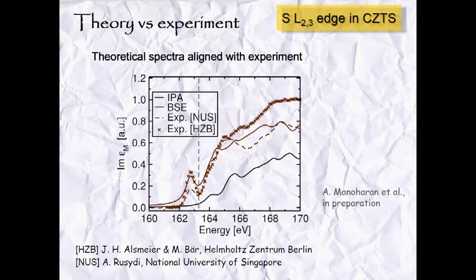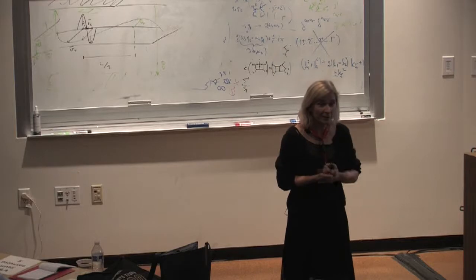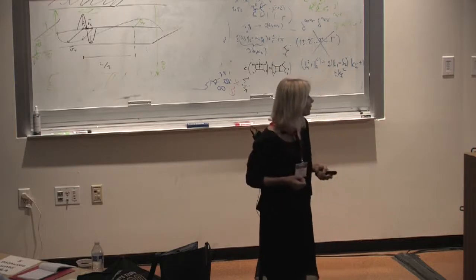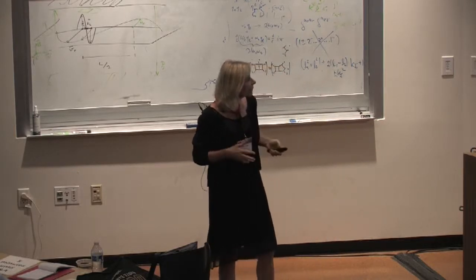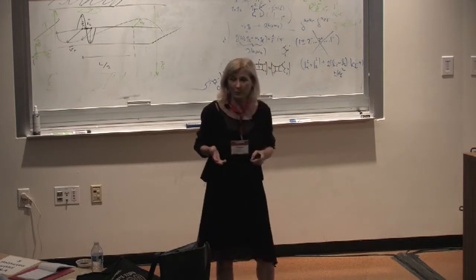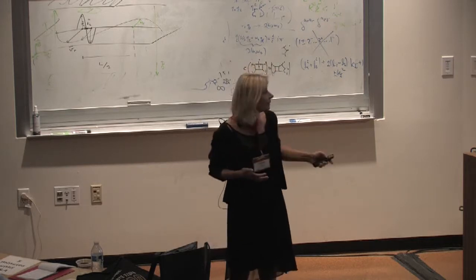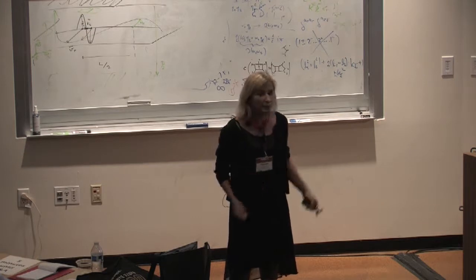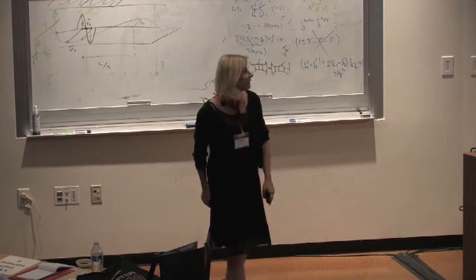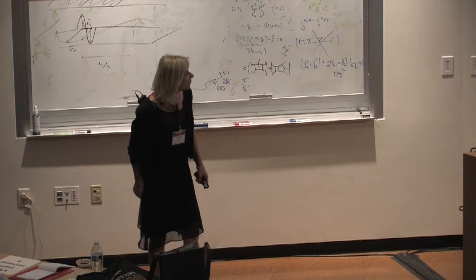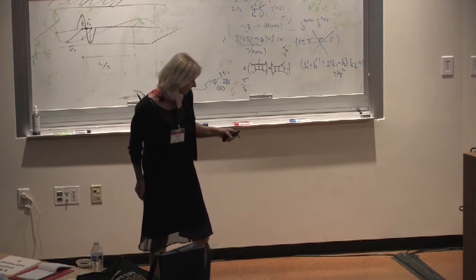We have some more discrepancies in the higher energy region, but we also have to see that experiments do not fully agree with each other. And the reason is simply because this is a pretty complex material. There are lots of defects in it, and anti-site pairs and whatnot. And I don't show it here, but doing calculations for defected crystals, we see that we can pretty much resolve this puzzle between theory and experiment. So overall, I would say the agreement is pretty satisfactory here.